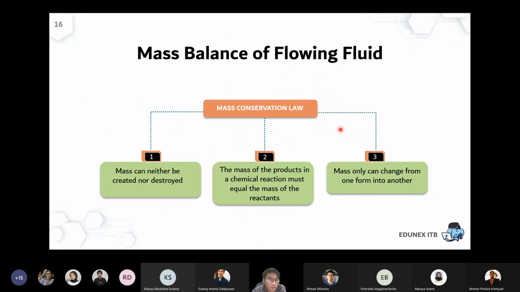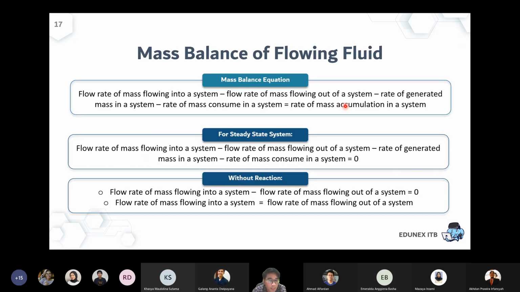Okay, and then we have learned about the mass balance equation in flowing fluid. So basically, for just liquid or gas flowing inside the pipeline, you can assume first it is a steady state. Steady state means no accumulation, so the rate of mass accumulation is equal to 0.